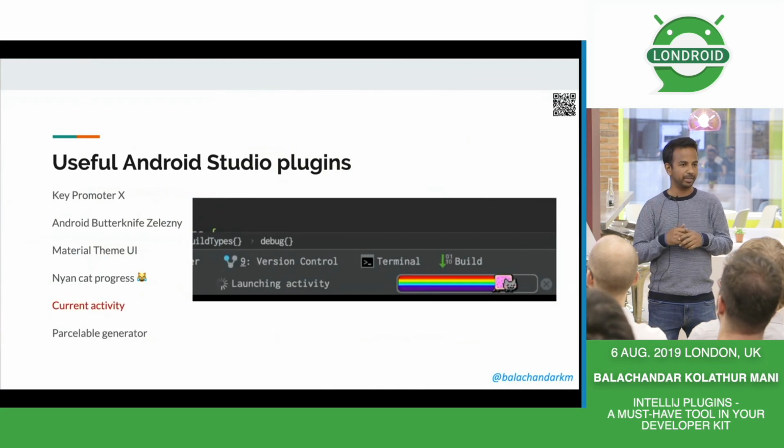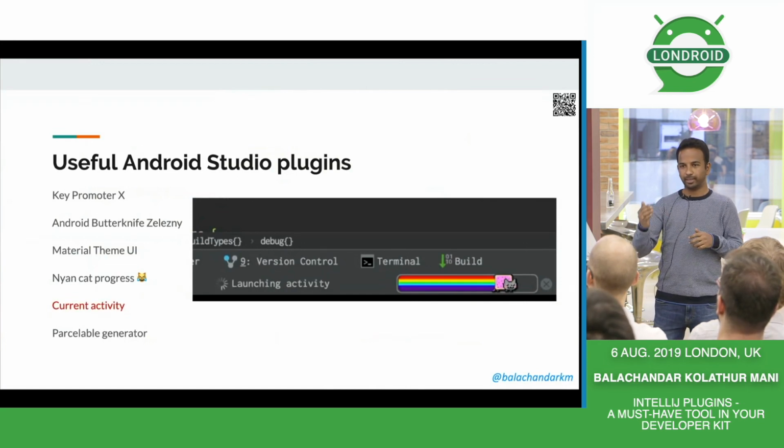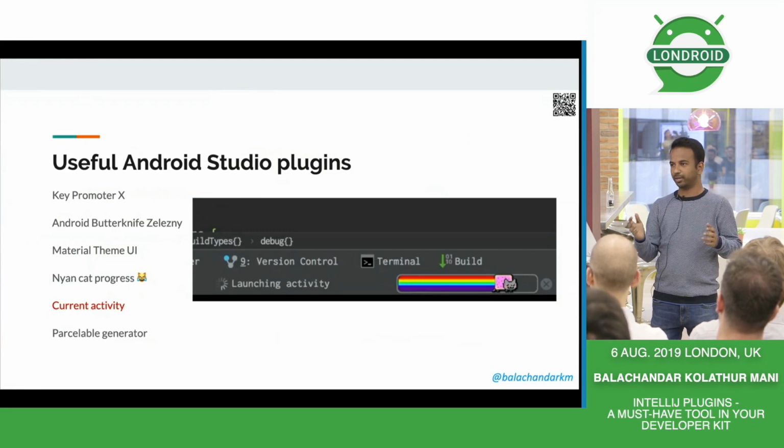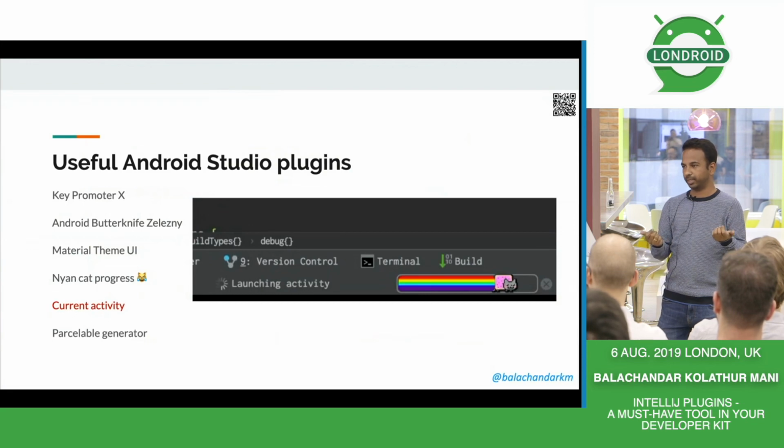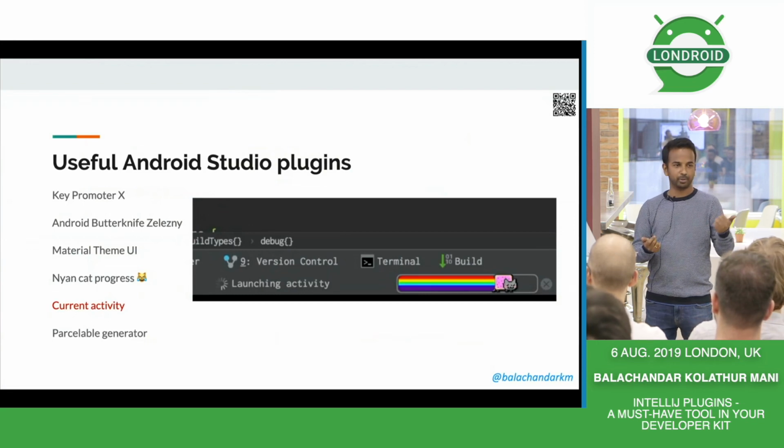If you have a connected device or emulator with your debuggable app open, whichever activity is in the foreground, this plugin opens that activity in Android Studio. If you are in a new code base that you are not aware of, you can use this plugin to quickly find which activity is currently on top of the screen. It's very simple, but quite effective. It may take one day to develop, but it's quite effective.